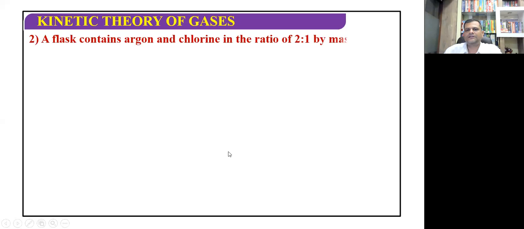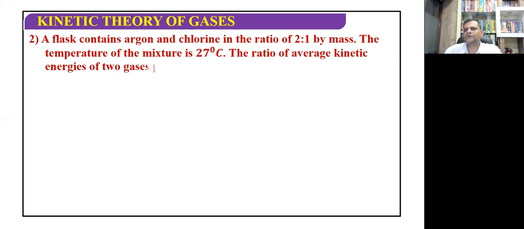A flask contains argon and chlorine in the ratio 2:1 by mass. The temperature of mixture is going to be 7 degrees Celsius. Okay. The ratio of average kinetic energies of two gases per molecule is.